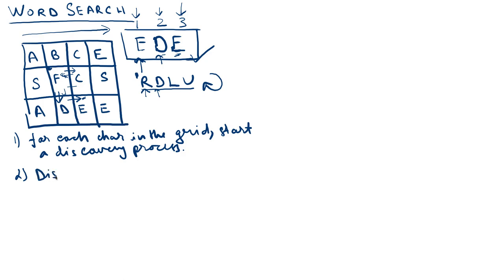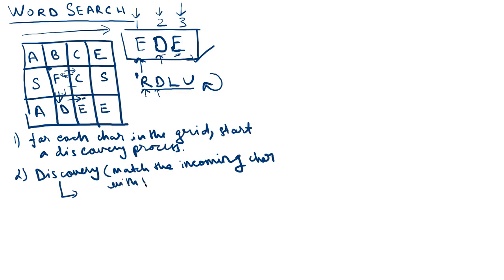So discovery. Now let's look at the discovery process. There are a couple of cases within our discovery process, but basically the idea is to match the incoming character with the current character location in the word.